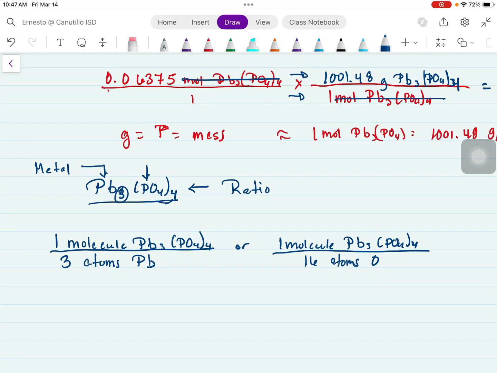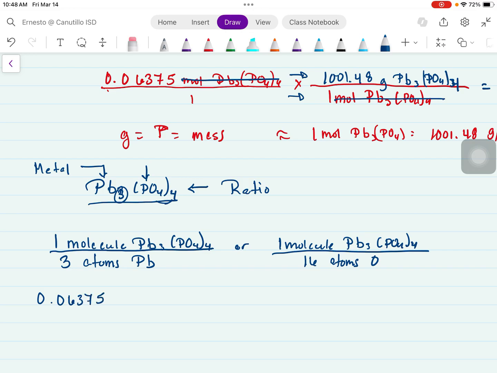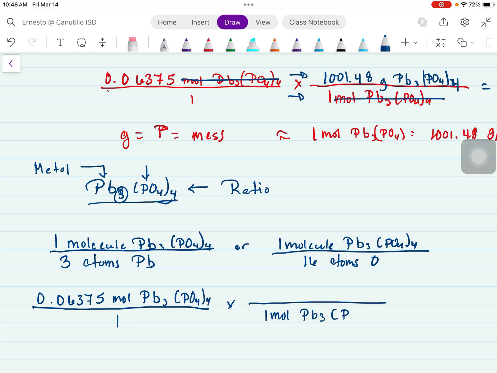Well, if I know the number of moles of lead 4-phosphate, I know that in 1 mole of lead 4-phosphate, we have 6.022 times 10 to the 23rd molecules.